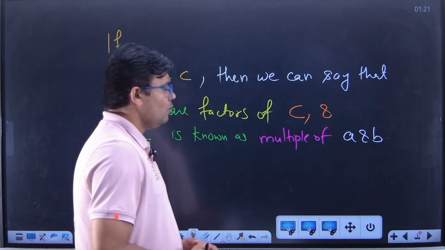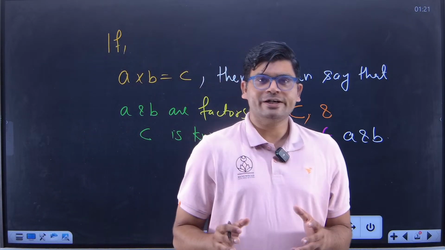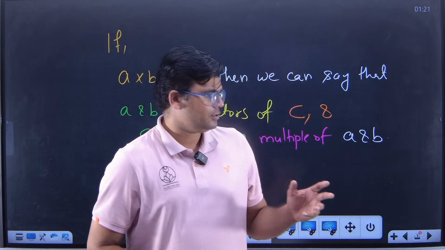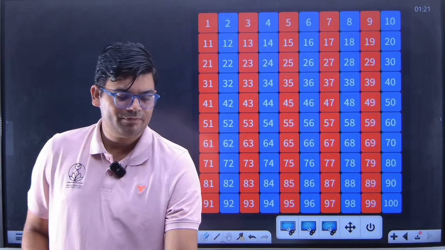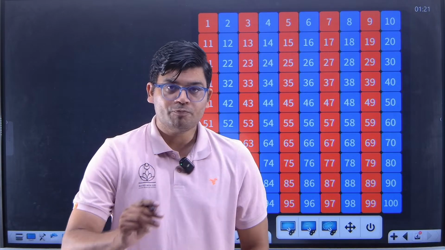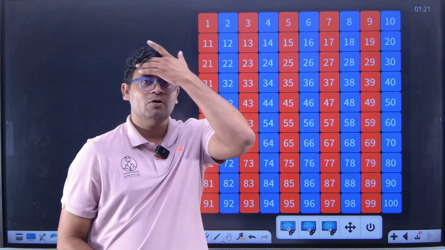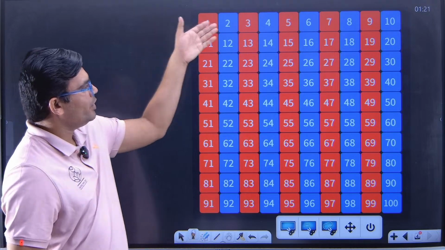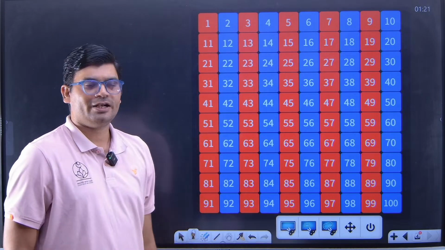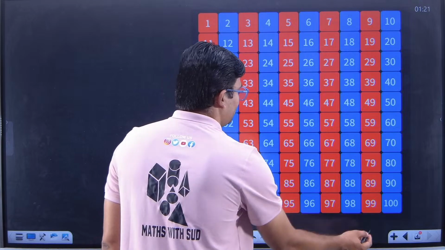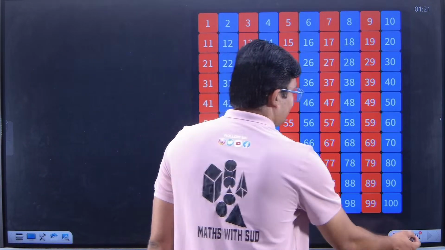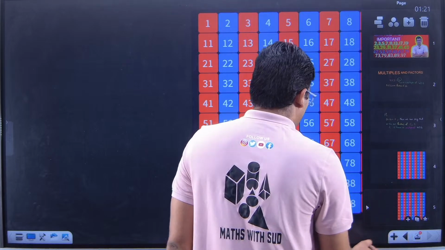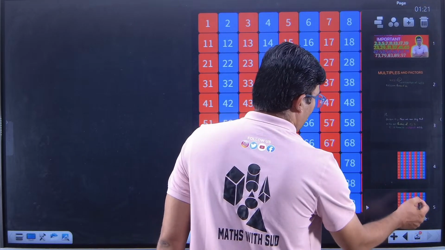Now, the topic was started by saying what are prime numbers. So we must understand what are prime numbers, but before that I would like you to please pause this video right now and write the numbers from 1 to 100 in the same manner that I did. The numbers should align with the same row and column.